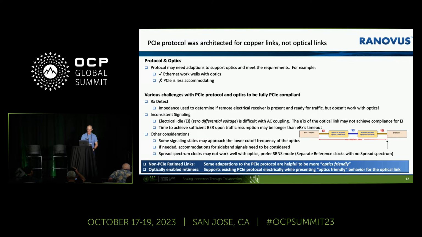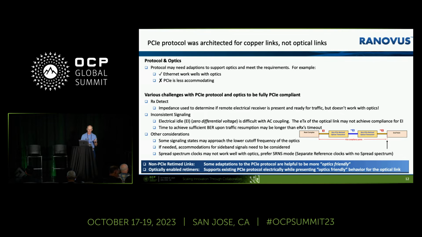Accommodations might also need to be made for sideband signals, which are used today in PCIe links. And there's also the concept of different kinds of clocks in PCIe. Spread spectrum clocks are a naughty thing to use with optics. So there is a mode called SRNS, separate reference clock, no spread spectrum, which would be a good choice for that.